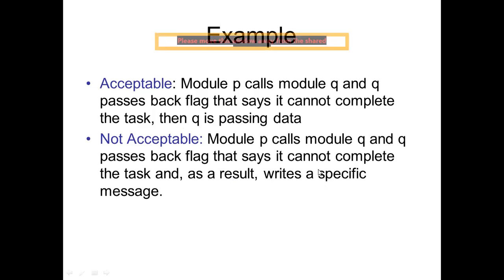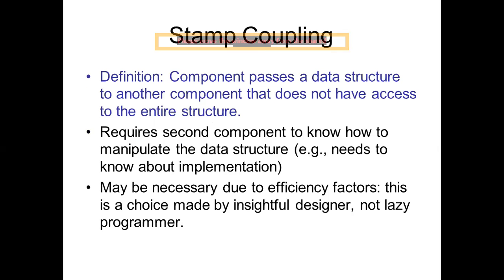If we are getting any specific message regarding the calls, then it is called not acceptable, otherwise it is acceptable. It depends on what type of programming and what type of calls we are using.